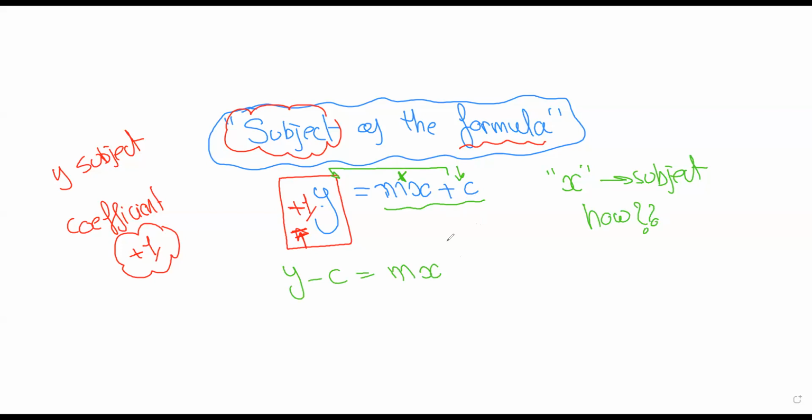You start by the weak operation, ببتدي دايما بالoperation الضعيفة. And then since the m is multiplied, I divide by m, moving the m to the other side by division. So x would be y minus c over m. And this is just a basic reminder of the subject of the formula.